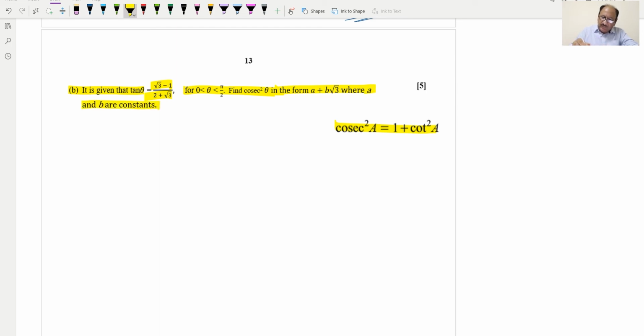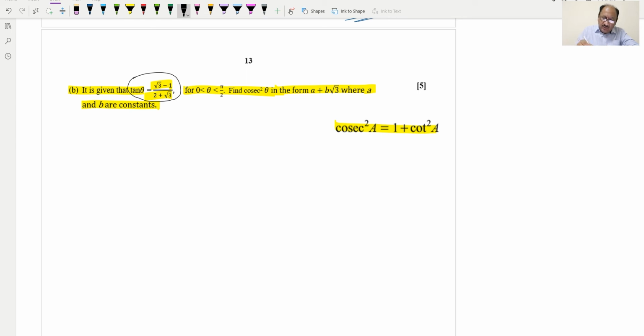This is the formula which I have just copied from the formula sheet. It's provided: cosecant square A is equal to 1 plus cotangent square A. So we can use this formula. And tangent theta is what? 1 over tan theta is equal to cotangent theta.